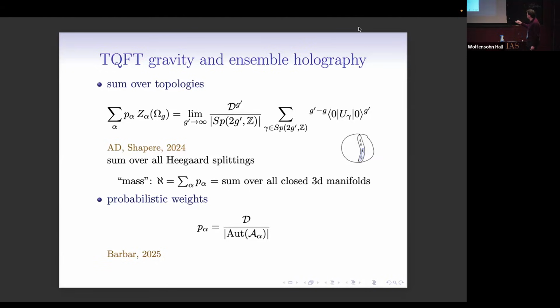So when we devised this measure with Al 2 years ago, the way we were doing that, we were also calculating these coefficients. And these coefficients, which I want to interpret as probabilistic coefficients, they happen to be equal to the norm of some state in the boundary Hilbert space when the genus goes to infinity. So that prescription tells you that these coefficients will be positive, but we could not make any sense of them.